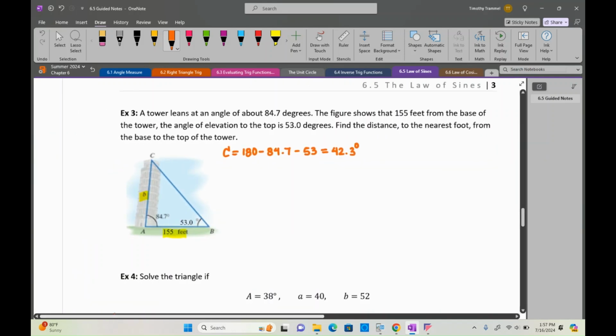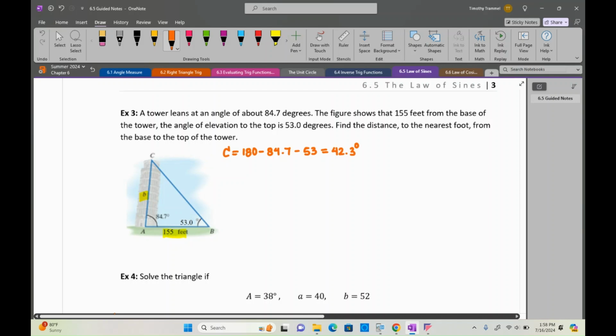So we have big C now. So one of our ratios is going to be little c over sine of big C is equal to little b over sine of big B.